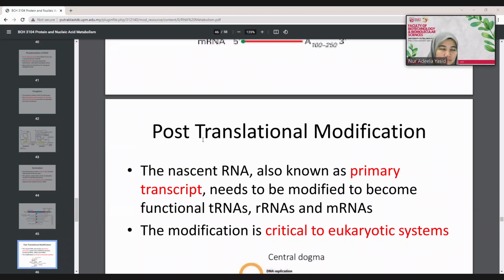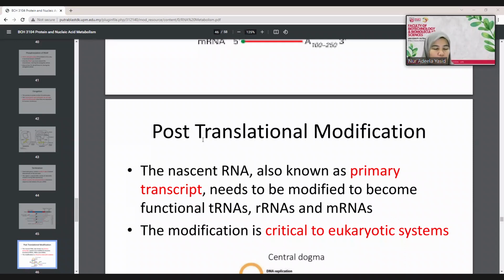It is a process that modifies the product of translation, helping to deal with any problem during the translation process. As the name says, post-translational modification is a process to modify. So what does it mean by post-translational modification?